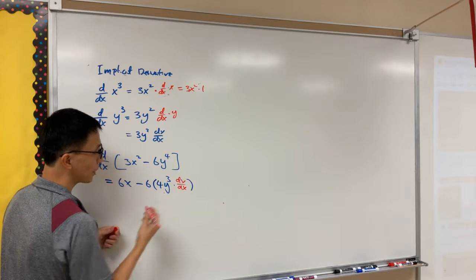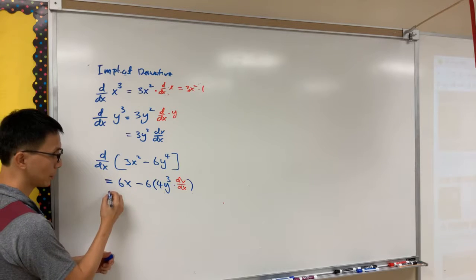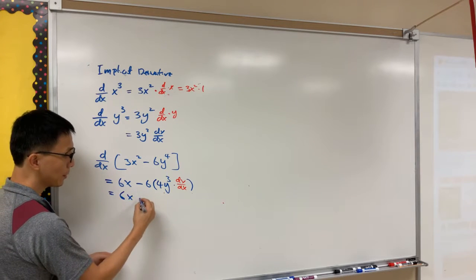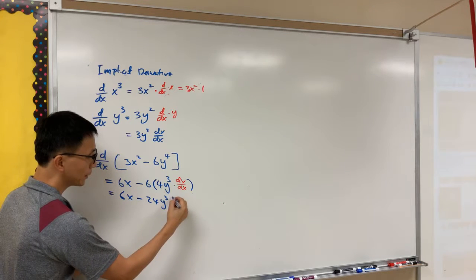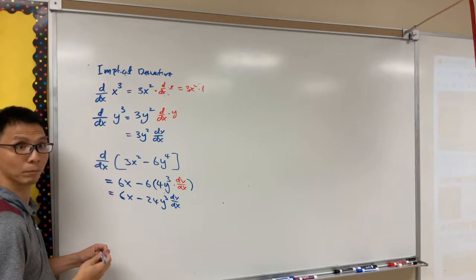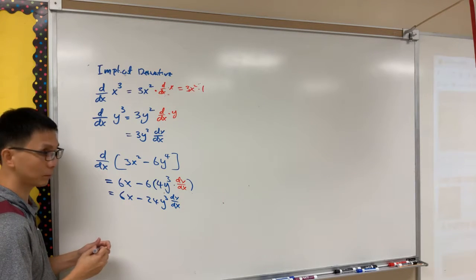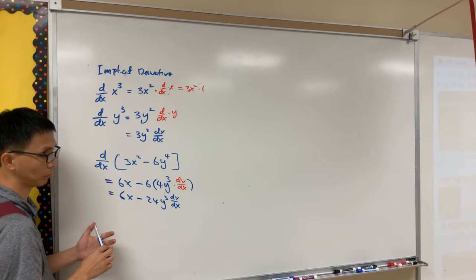If you lose that piece, then you're going to get it wrong. So 6x minus 24y to the third, and then dy/dx. I put it in the back. Oh, okay. 24.